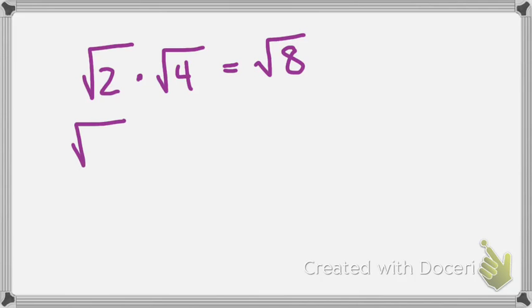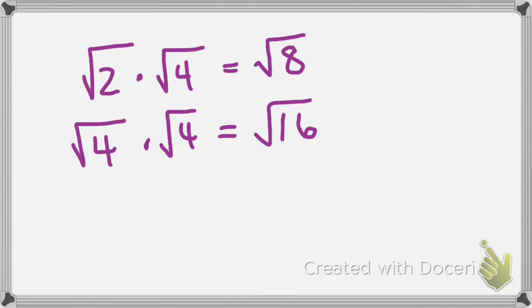So the square root of 4 times the square root of 4 equaled square root of 16. What does this one really equal? What's the square root of 4? 2 times 2. What's the square root of 16? 4. So it works, right? That's how you can remember how to do that.